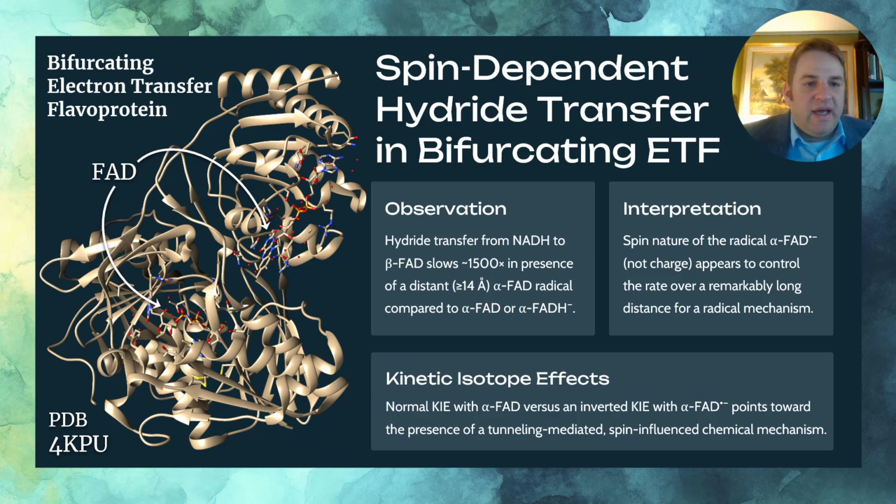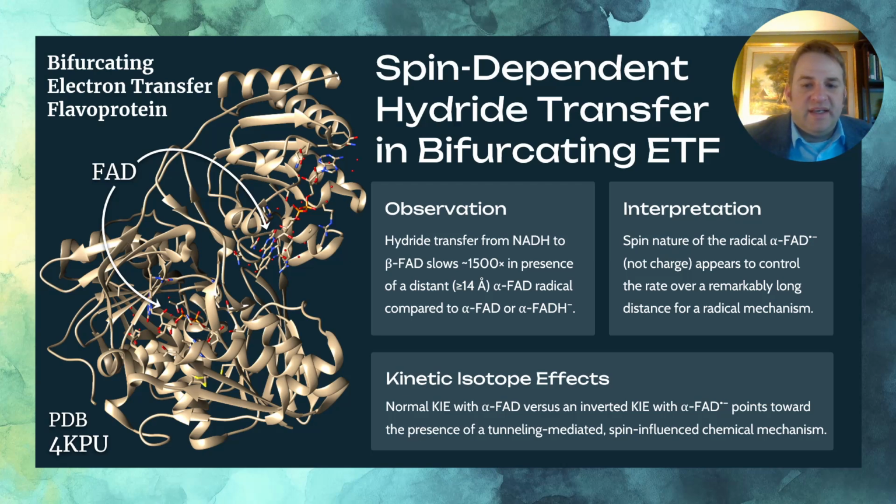Now, if we look at this example of a bifurcating electron transfer flavoprotein, it has a pair of FADs, as I've described, and in another study, spin-dependent hydride transfer in bifurcating ETF was explored, and hydride transfer from cofactor NADH to the beta FAD was slowed by 1,500 times in the presence of a distant alpha FAD radical.